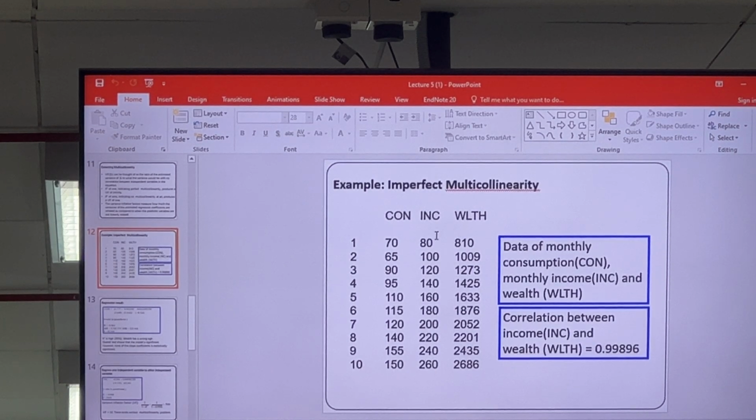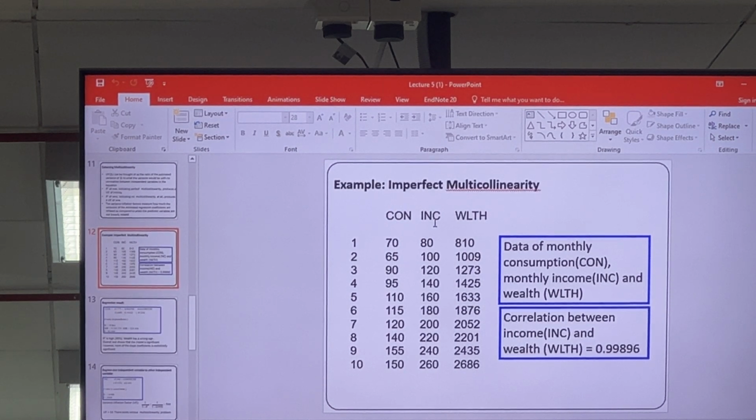So let's say income and consumption, what is your expected relationship between consumption and income? When income increases, is consumption supposed to increase or decrease? Increase. When income increases, we expect consumption also to increase, so we expect a positive estimate of the slope.